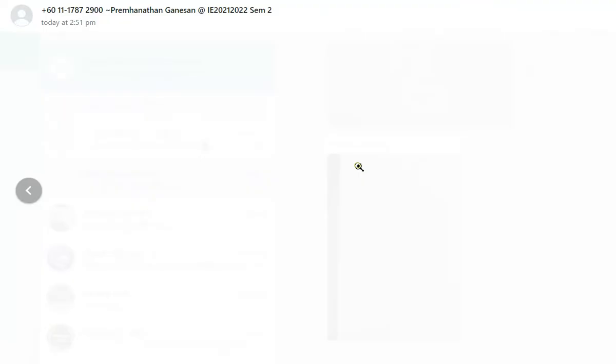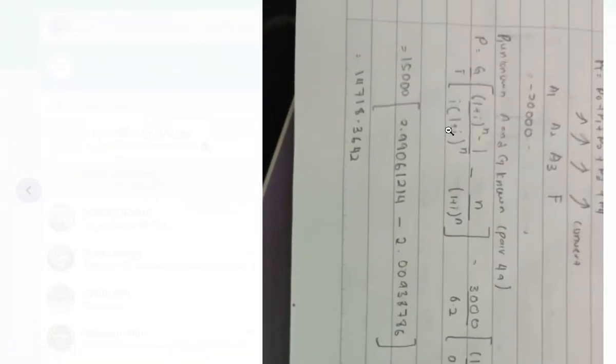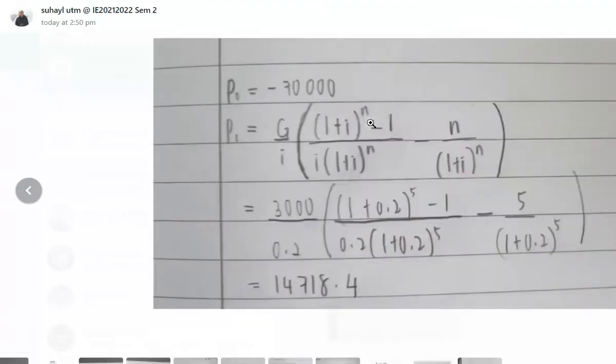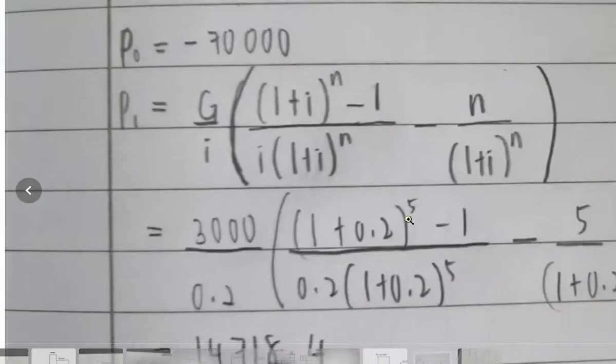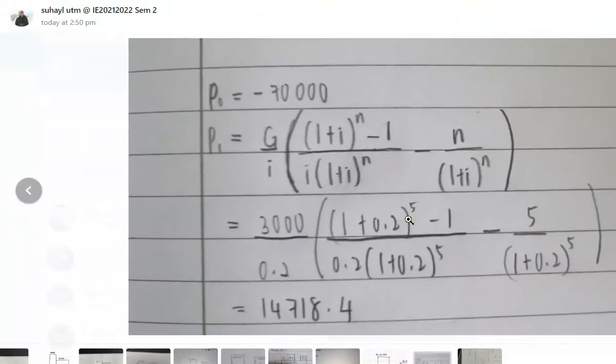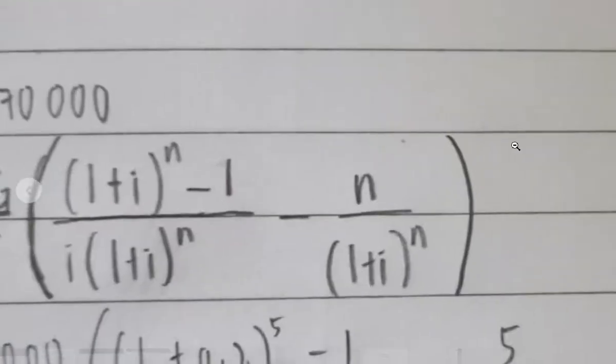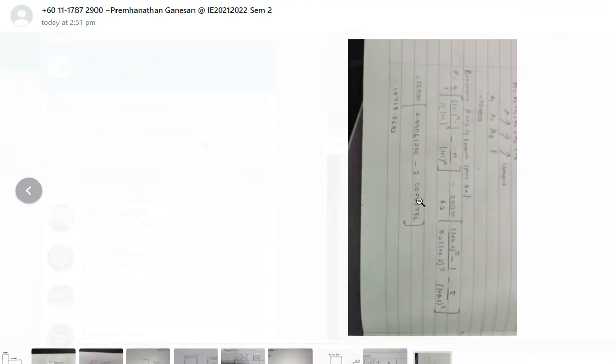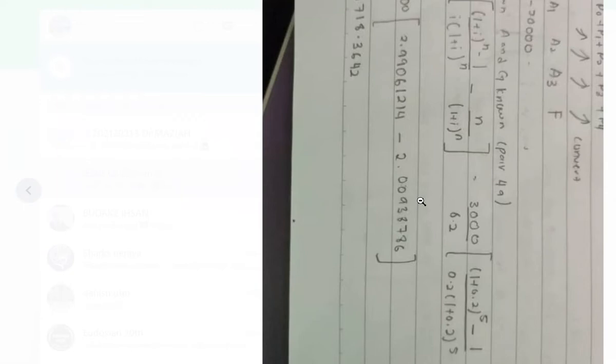My intention is not criticizing your answer, but I want to make your answer better so that you will get full mark for it. When you answer this question, make sure you give the value of 1 plus 0.2, to the power of 5. You need to give the value of that. And you also need to give the value of the difference between 2.99 and 2.00 something.